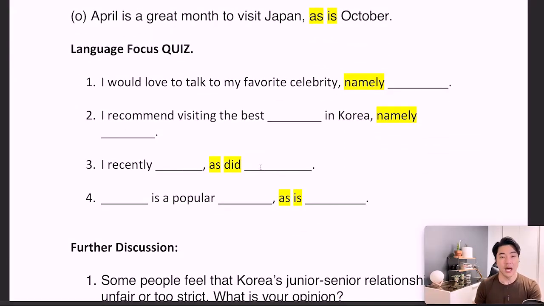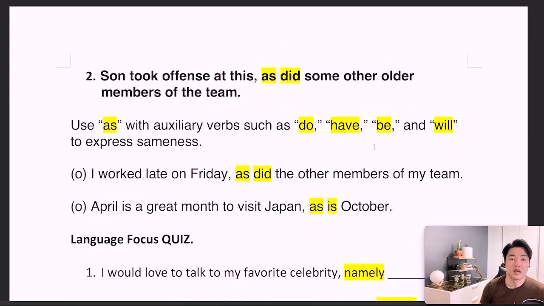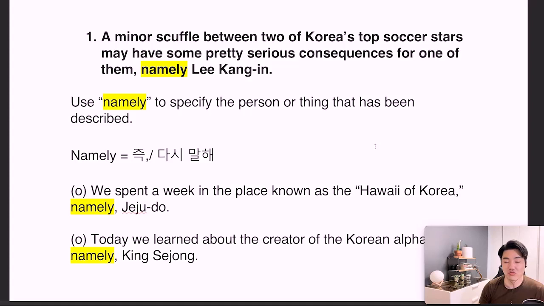Okay, I would love to talk to my favorite celebrity, namely... Okay, so if we scroll back up here, namely, 쭉 다시 말해. Like I said, we spent a week in the place known as the Hawaii of Korea, namely 제주도. 우리는 한국의 하와이로 알려진 그곳 쭉 제주도에서 한 주를 보냈다.